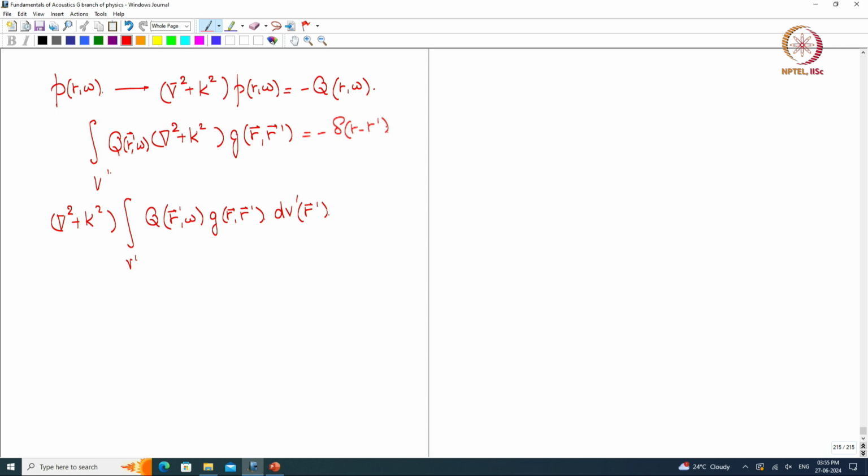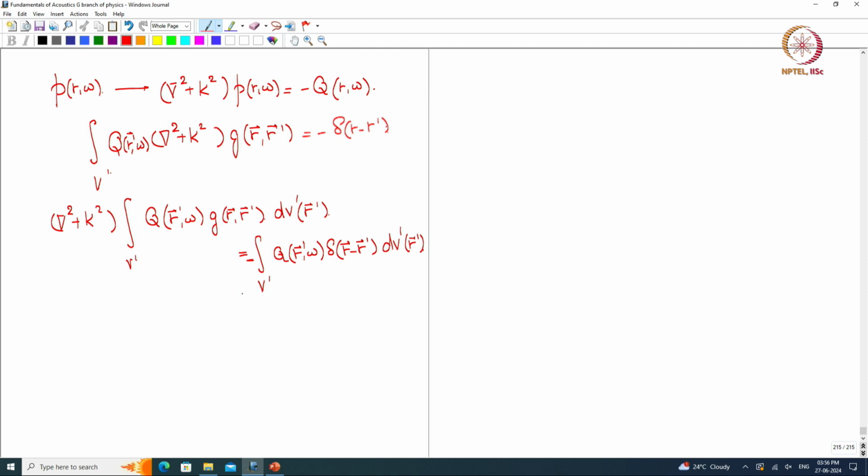So this becomes what now? On the right hand side we do the same thing, which is integral over v dash of minus q of r dash comma omega, delta of r minus r dash, dv dash of r dash.